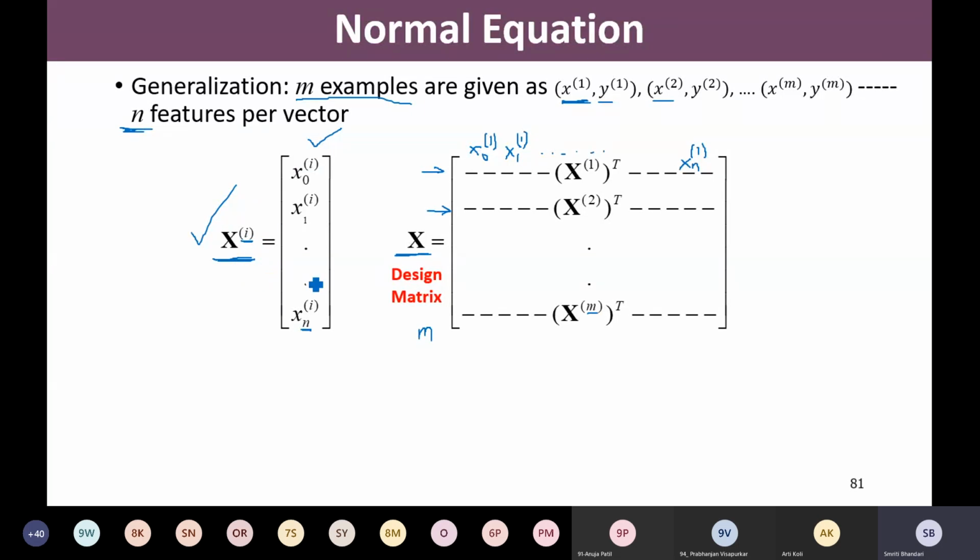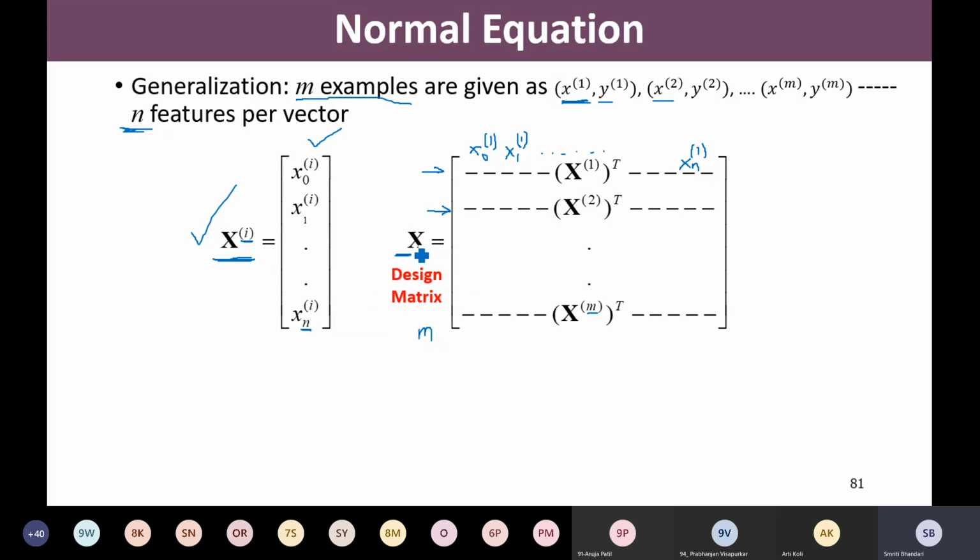I am having n plus 1 features, so I'll have x0 from the ith sample, x1 from the ith sample, and so on, up to the nth feature belonging to the ith sample. This is how we form our column vector xi, representing one example.